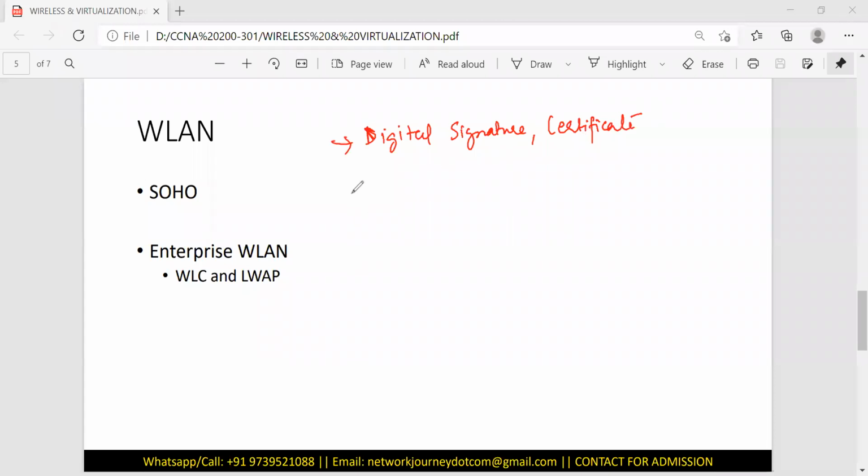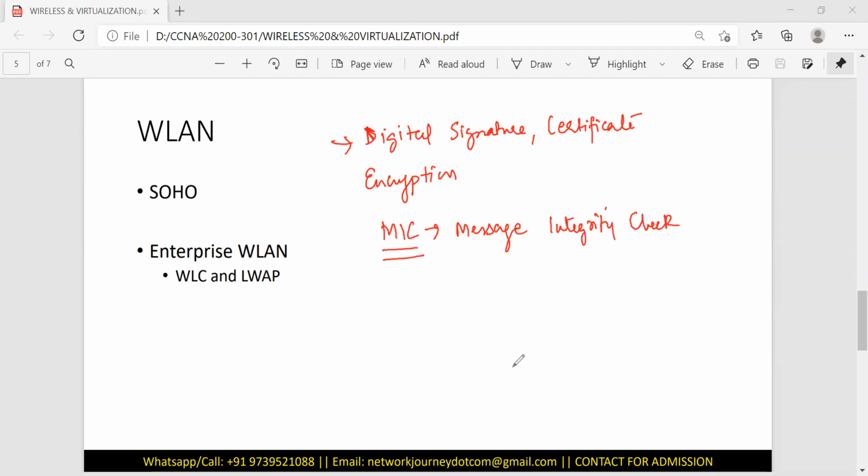Encryption can be done using AES algorithms, as I mentioned. And the integrity check is very important, guys. As I mentioned, there is a message integrity check, MIC as we say. And for that we make use of a timestamp. So a timestamp is used as a message integrity check.